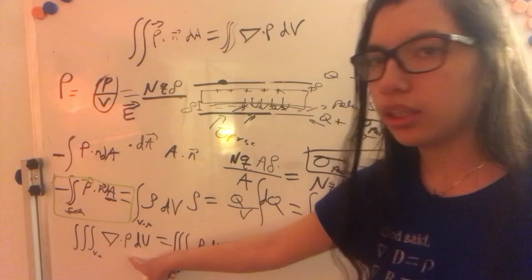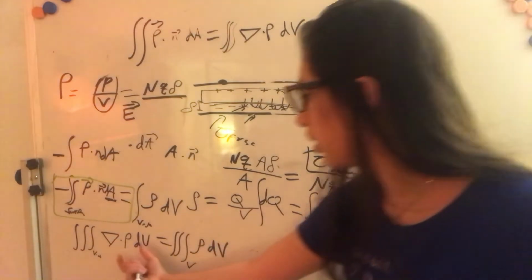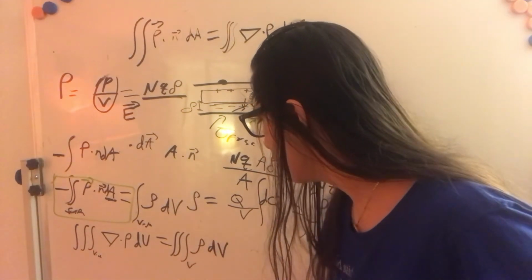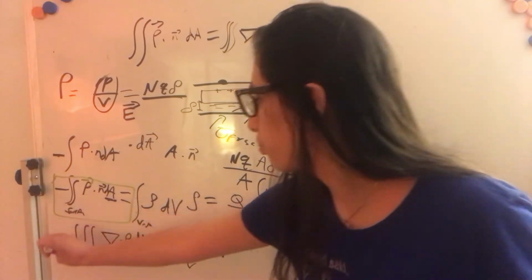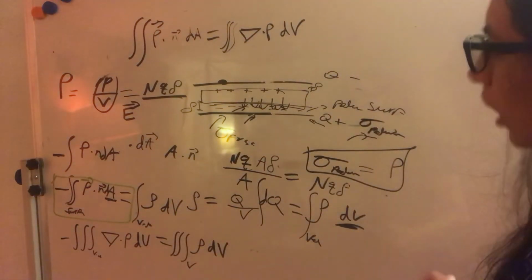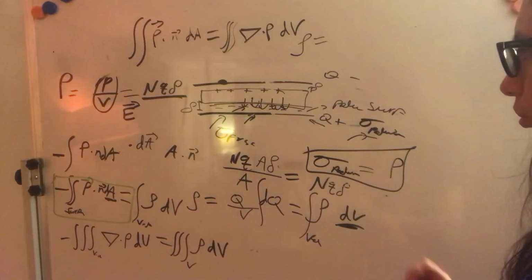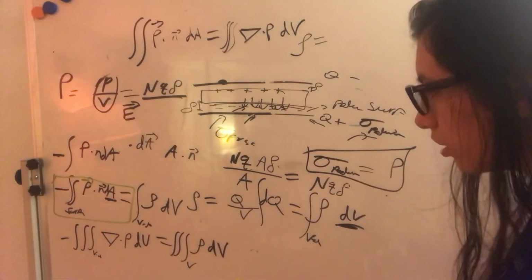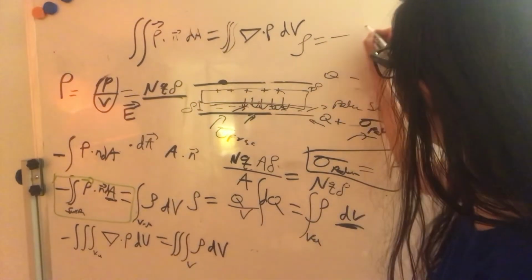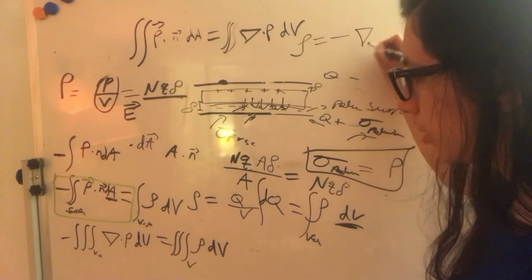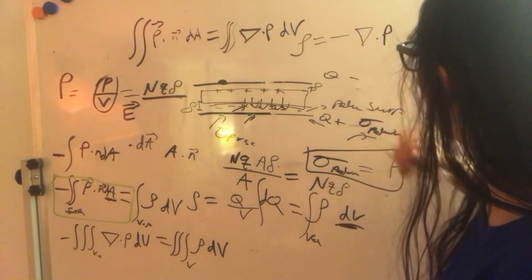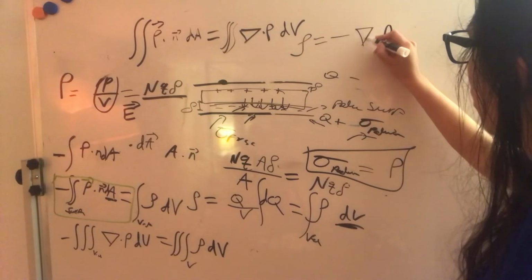So we have the same triple integral in dV, so that means that the integrand is the same. And here I forgot to put the negative sign. So we have that the charge density per volume of the induced charges is equal to the negative of the divergence of the electric dipole moment per volume.